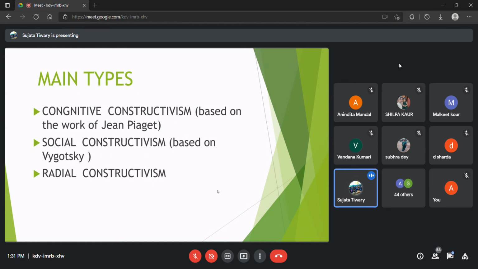Now, social constructivism. This was founded by Vygotsky and is based on his work. Social constructivism is learning in a collaborative process.